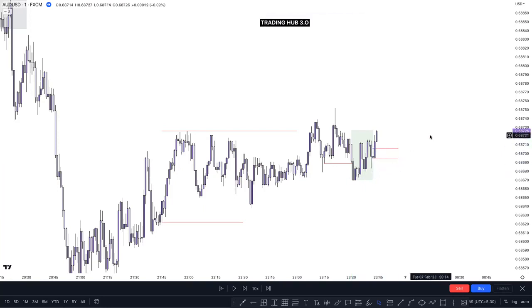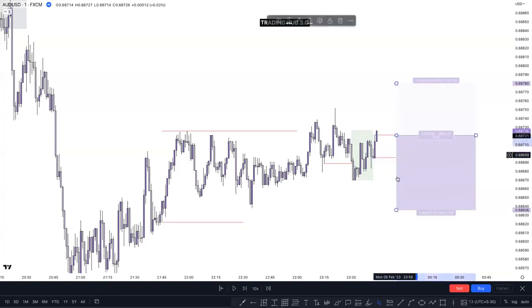But why am I taking this one? Just for refinement purposes here. If you are willing to take the entire candle, you can use this one, right? But it did not close over it, so we can take this one also, like this, and put the stop loss just below it.